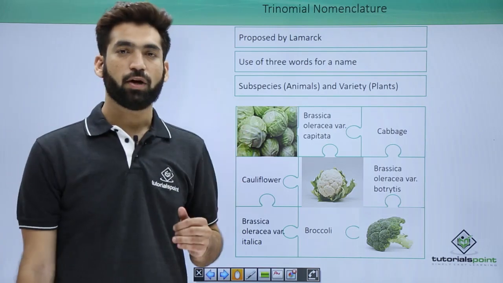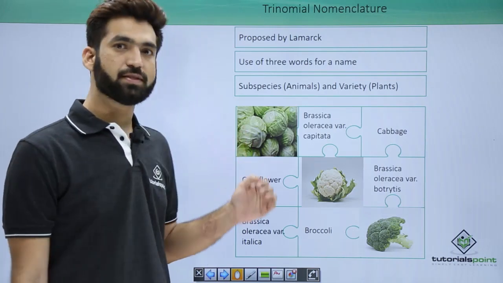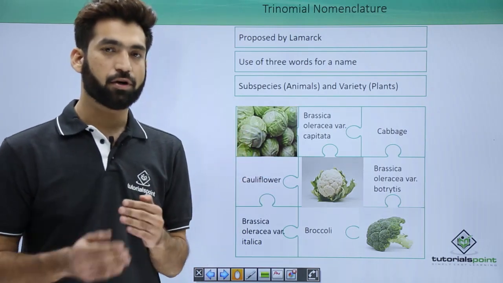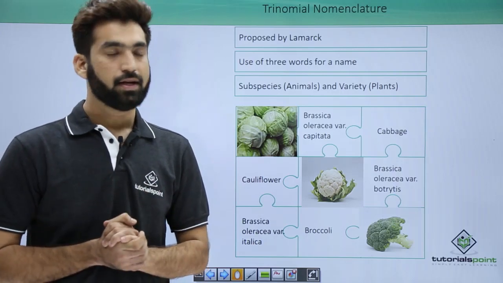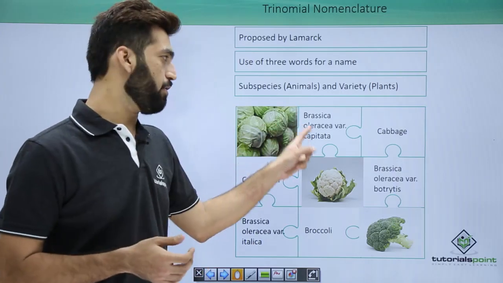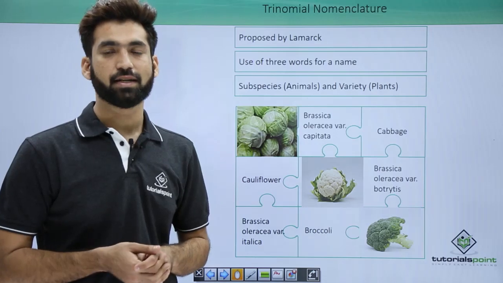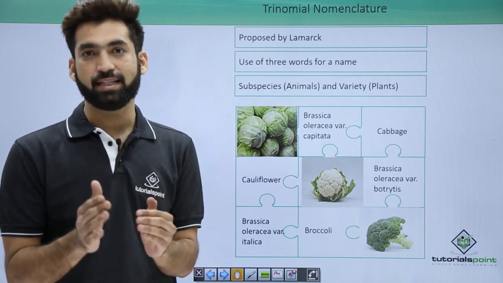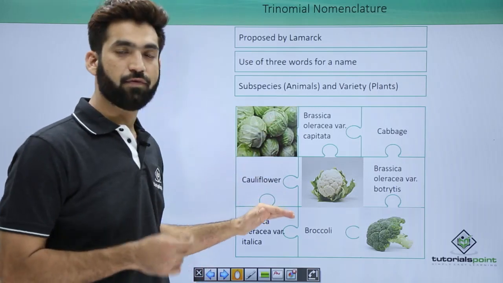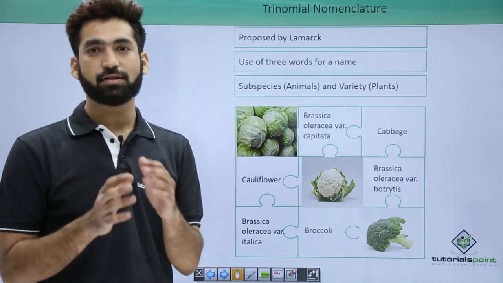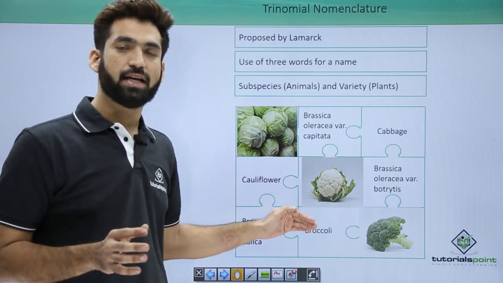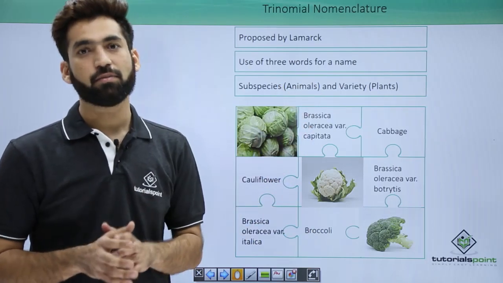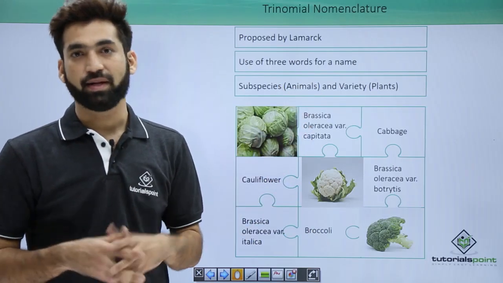Now, let's suppose I give you the scientific name Brassica oleracea. Brassica is the genus and oleracea is the specific epithet. Just after saying Brassica oleracea, you cannot differentiate whether it is cabbage, cauliflower, or broccoli, because all three plants have the same scientific name, Brassica oleracea, but they are different.